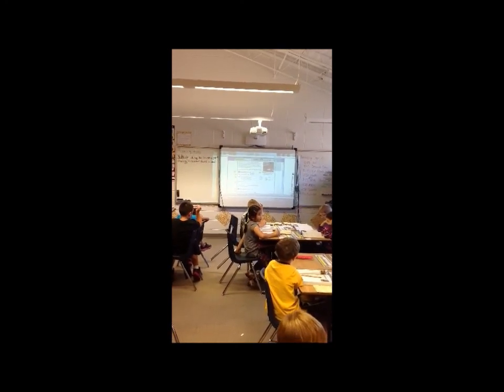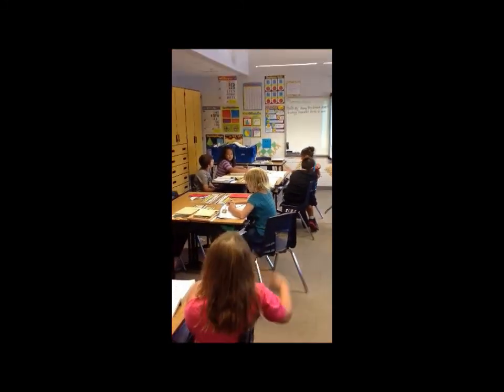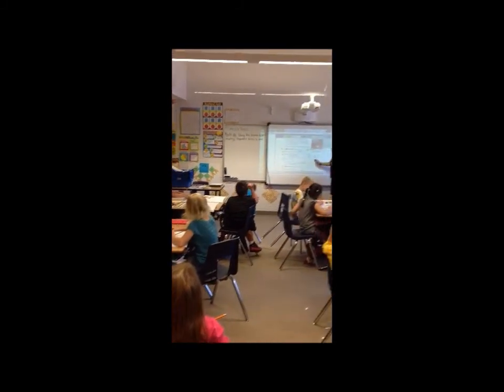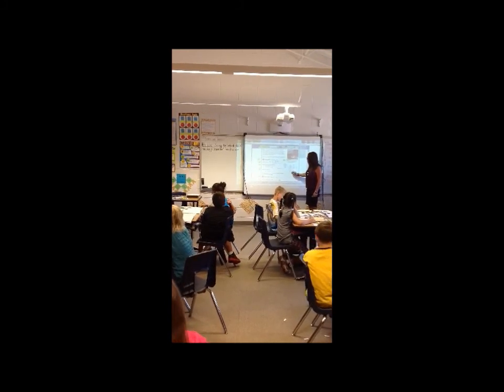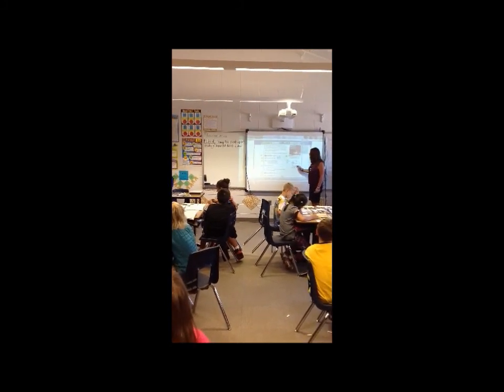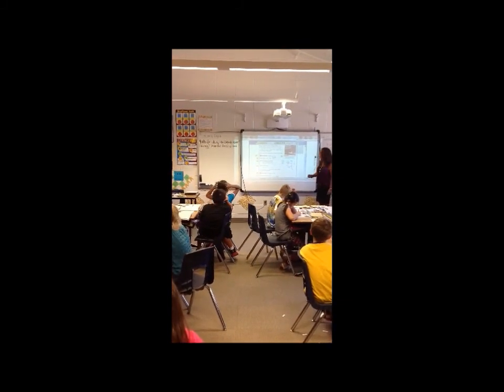Jamie, 769. How did you do that? Because I just took the 700 and then I added 60 and then I added 9. So you just took the 7 from the hundreds, and you just took the 6 from the tens, and then you put your ones in here. It's 769. Wow, good job.